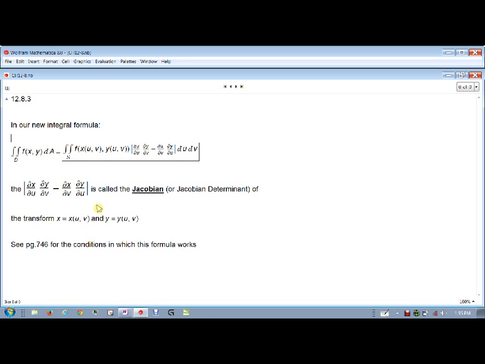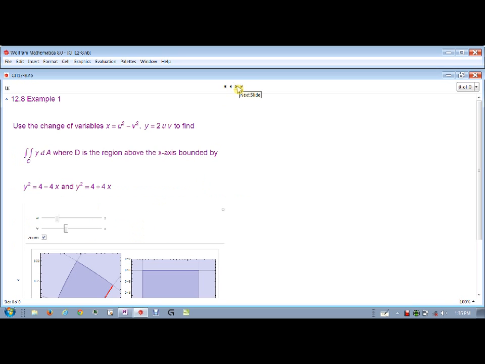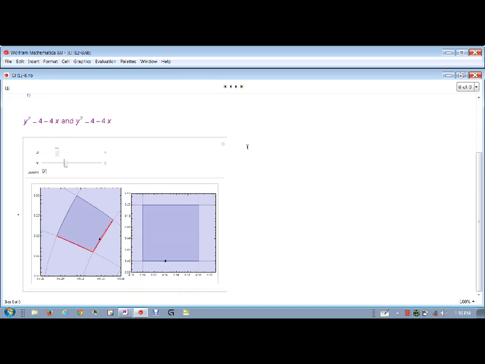So what I'd like to do is skip this example. This example is not very natural. The book does this; it's their first example. If you want to do this, read through it. The problem with it is that they spend a lot of time in the book first showing you that this region that's weird gets mapped over to this rectangle, and then they do the problem.